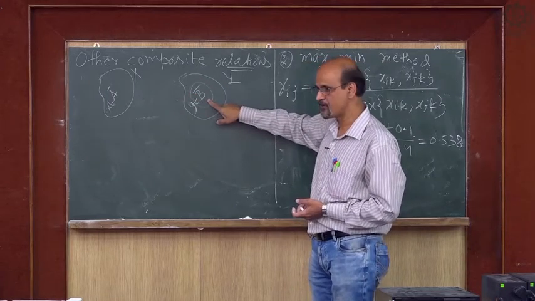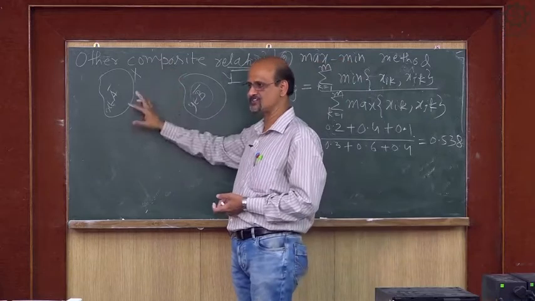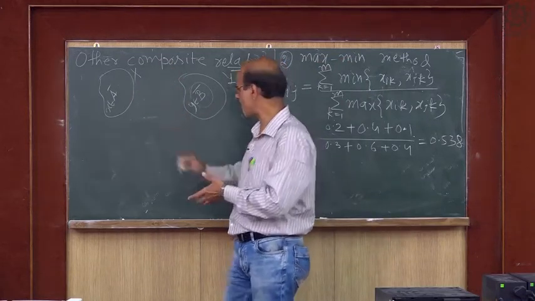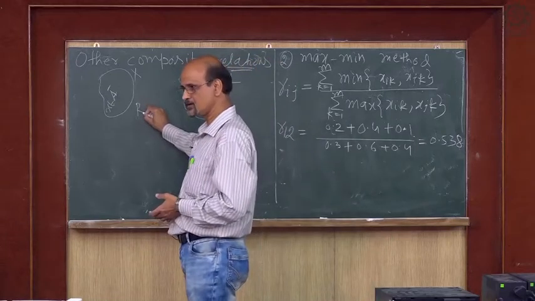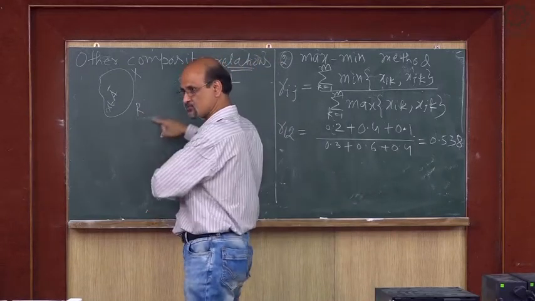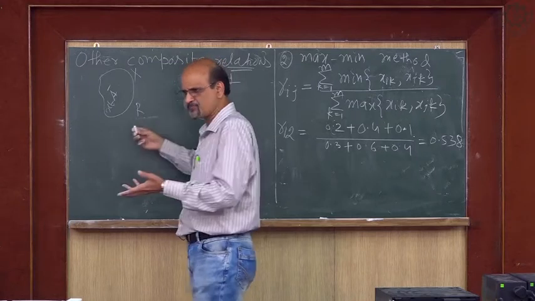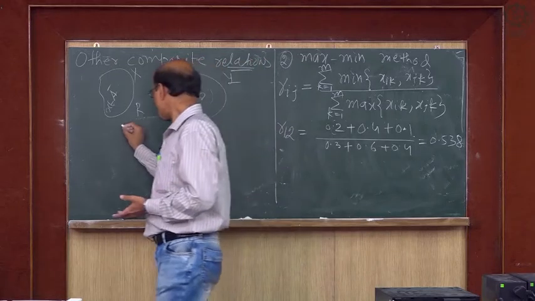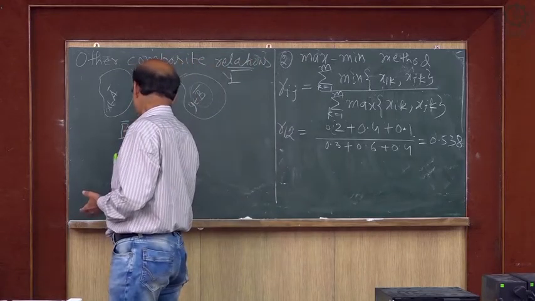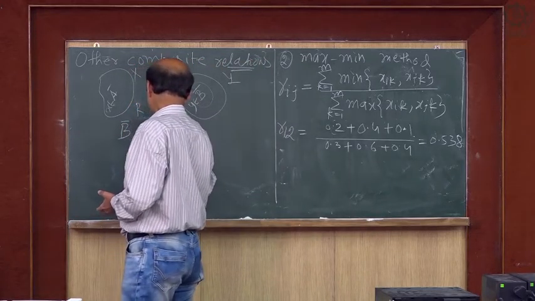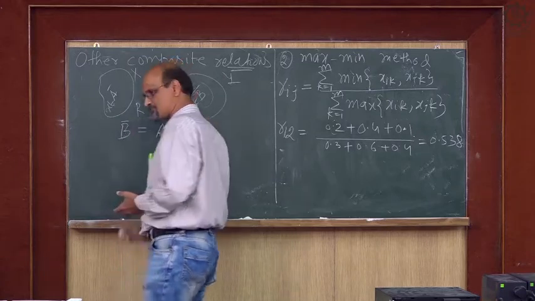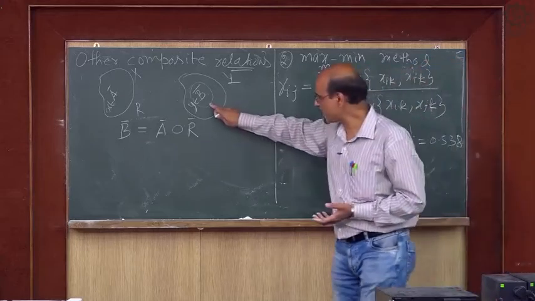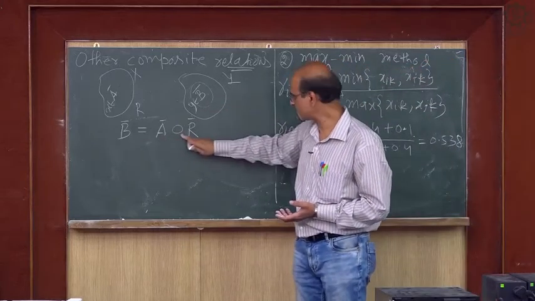I want to have B bar using A bar and the relation between x and y. I have the relation matrix, suppose R, which is actually from x to y. I have the relation, it is a mapping type, na? So, I want B bar, which will actually be A bar composition R bar. Okay. B bar will be A bar composition R bar.